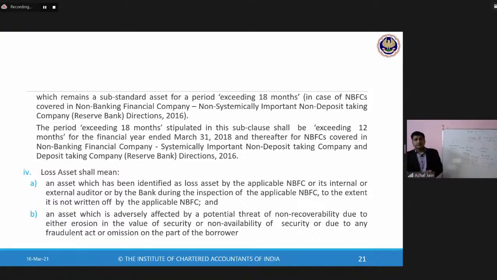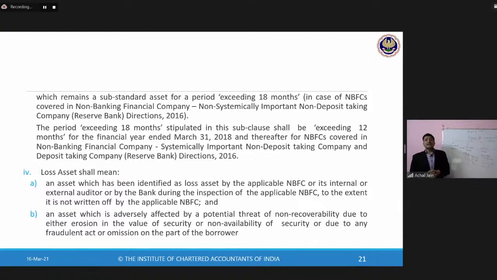Yeah. Moving on to the last category, the category wherein the asset will become the worst. Loss asset means all the hopes of recovery of the payment, and forget the principal, are lost. The money will not be recovered.